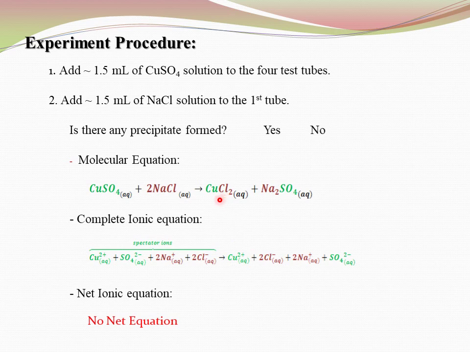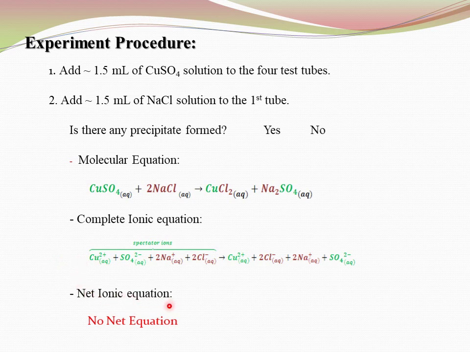Produce copper chloride, aqueous: 1 copper and 2 chloride, so Cu2 plus and 2 Cl minus aqueous. Here sodium sulfate aqueous, also soluble: 2 Na plus and 1 sulfate. And this equation is a balanced chemical equation.